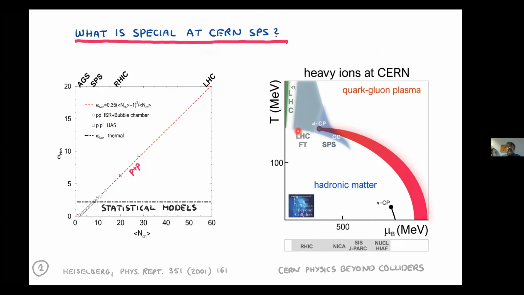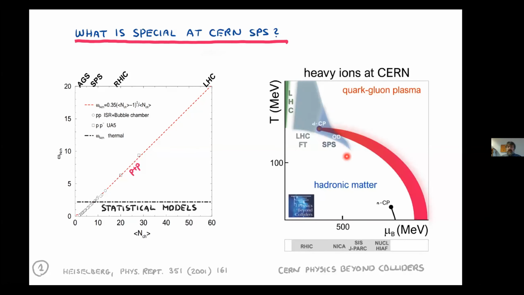Then we have the LHC fixed target program, which is just developing, and this connected gray region indicates the potential reach of this program in T-muB. And the LHC as a collider, you know perfectly, is very close to zero muB and high temperatures. RHIC is somewhere here with your BES program, actually covering a pretty large area over here, right? The two programs are covered by the RHIC BES programs, different versions with fixed target and collider.